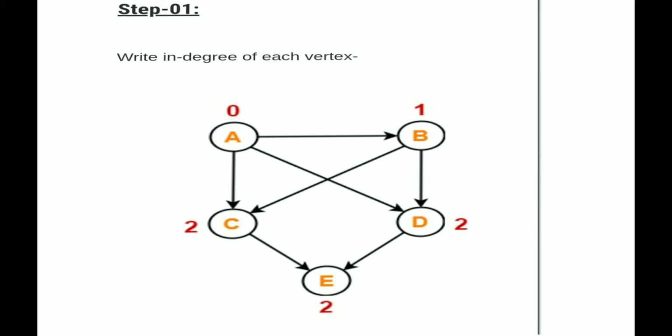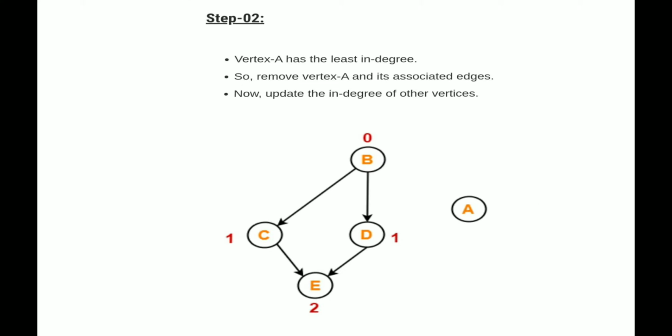That means the in degree of vertex A is 0. So that is the reason we have removed vertex A from the given graph. So vertex A is the first vertex coming out of the graph.